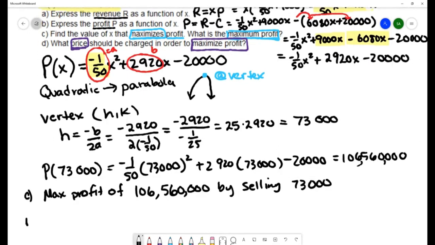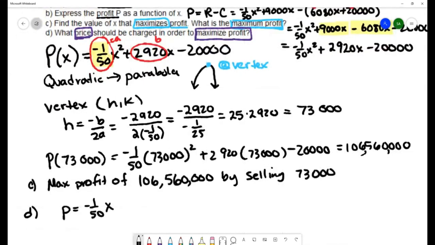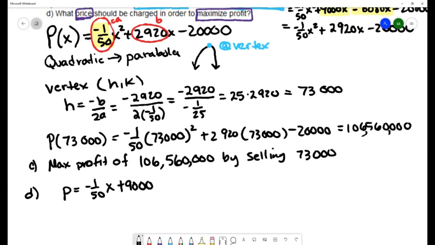So in part D, we're going to use lowercase p equals negative 1/50th x, and I think it is plus 9,000. This is the price related to the number of vans.